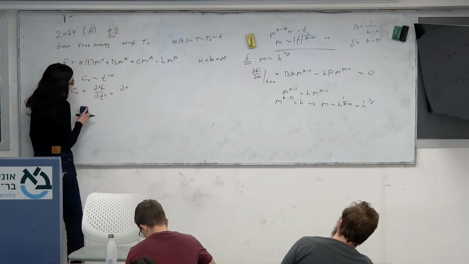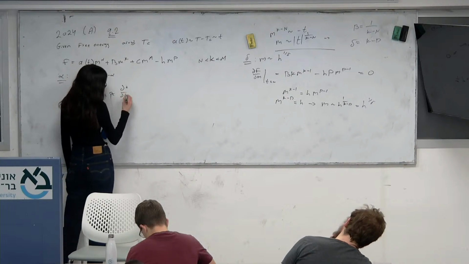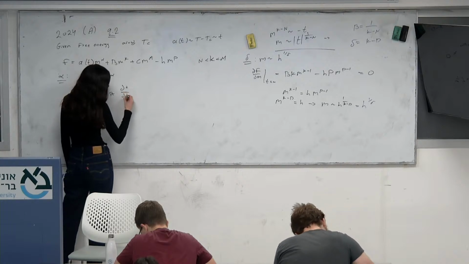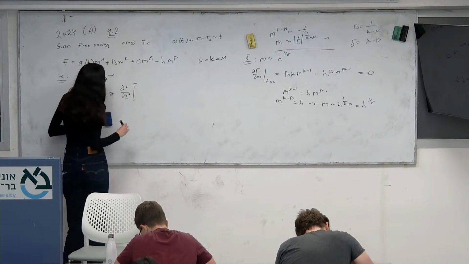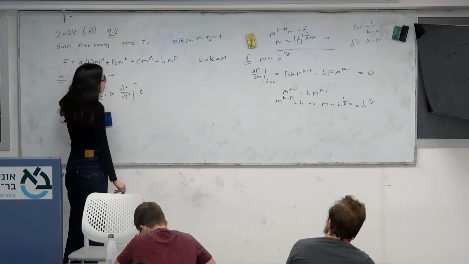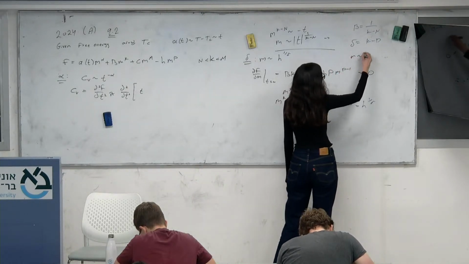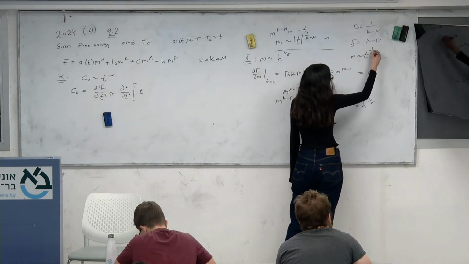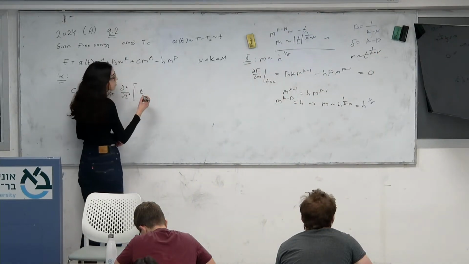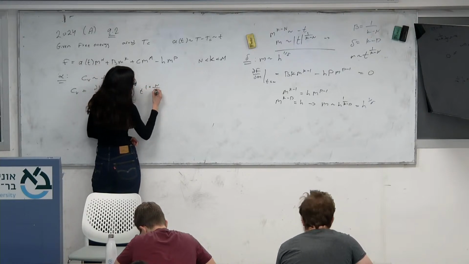So this is approximately linear in T, and then m to the power n. We already found that m is proportional to T to the power of 1 over k minus n. So we just multiply it by n.